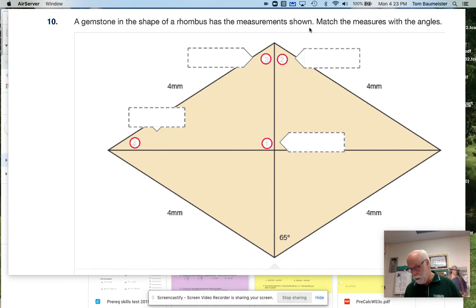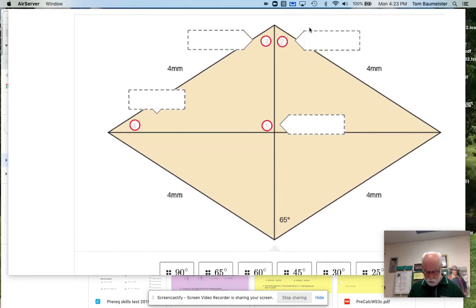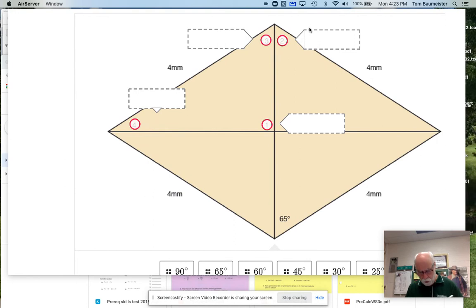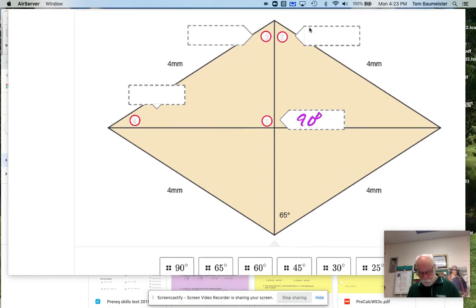Let's say the gemstone is the shape of a rhombus. Match the measures with the angles. So angle 1, remember with the rhombus, the diagonals are perpendicular to each other. So they're 90 degrees. Angles opposite are the same. So that would be 65 there.